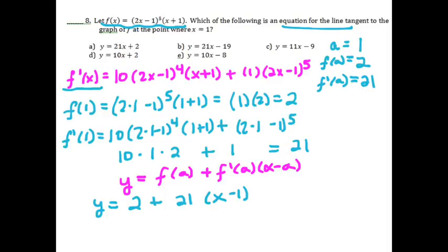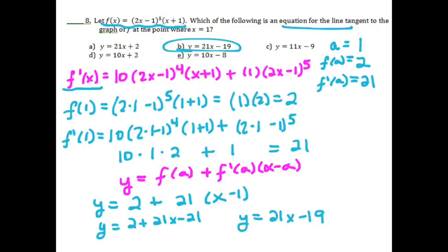Now the answer choices up there you can see are in a little bit more simplified version. So I'm going to distribute that 21 and then combine like terms with the 2 and the negative 21, and we end up with y is equal to 21x minus 19, which is answer B.